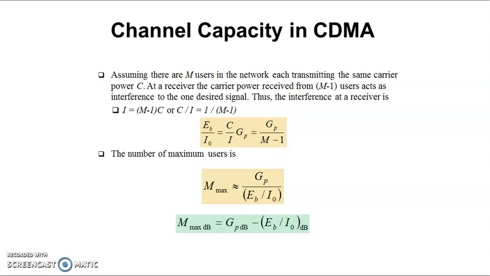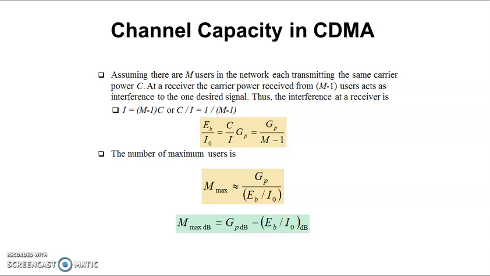So the maximum number of users, N max, is in terms of the processing gain and the interference ratio. So this one is about your channel capacity. So you can obtain how many users we are having, and then we can find out the channel capacity. So this one is for the channel capacity in a CDMA.